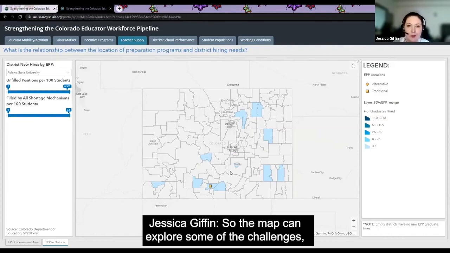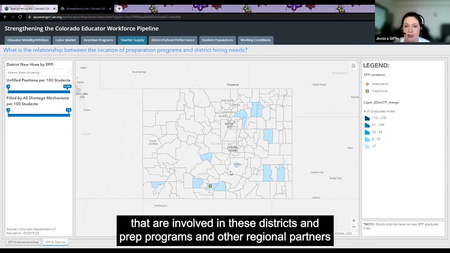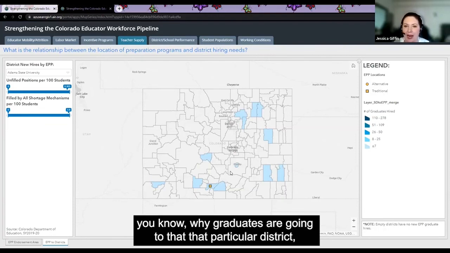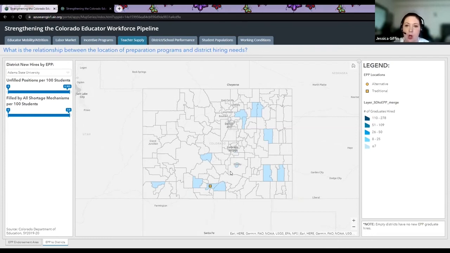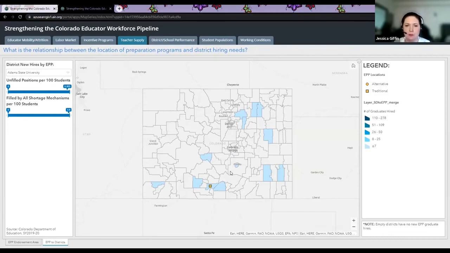So the map can explore some of the challenges, some of the opportunities, but you really need to bring together some of the stakeholders that are involved in these districts and prep programs and other regional partners to unpack why, to add some of that context to explore why graduates aren't going to that particular district, or why they haven't partnered further, and then help foster those potential collaborations.